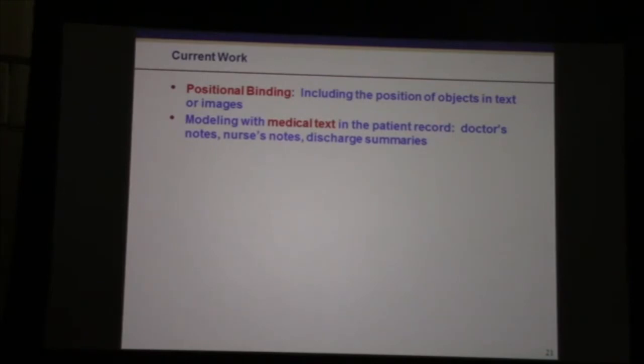You need to represent the location one way or the other. We're working on a paper on that. Another thing we're working on is medical text, being able to make predictions from the patient record, and also being able to automatically put medical codes in the record. It's kind of a big classification problem.